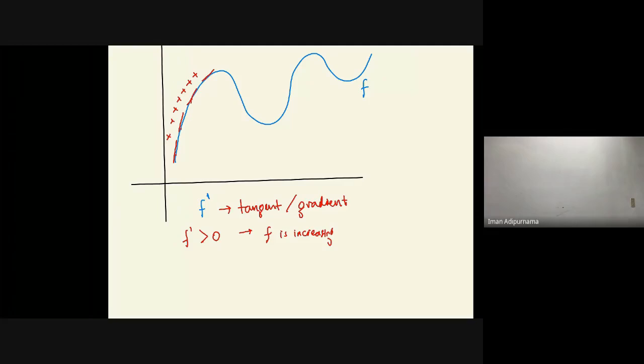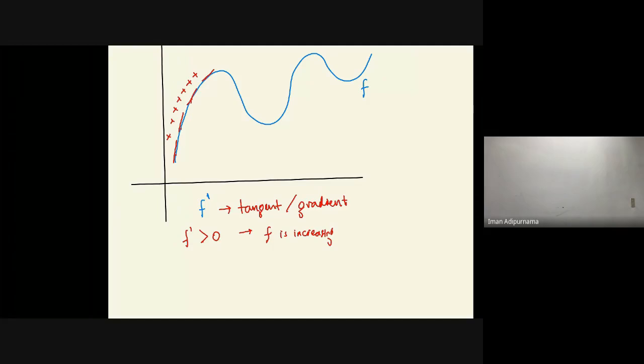So the idea of the f prime is to see whether the function is increasing or decreasing, even if you don't really know what is happening in all intervals of the graph. Like, what do the functions really look like? You don't really need to know, unless the question asks you to graph the function.